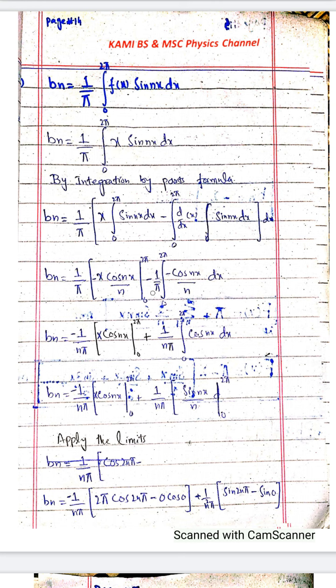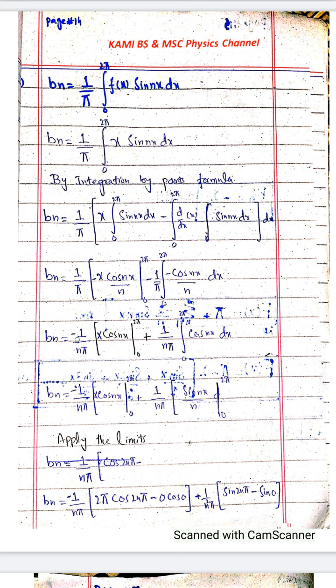So integration of sin nx is minus cos nx divided by n, whole limit 0 to 2 pi, minus whole integral of derivative of x with respect to x, which is 1, and integration of sin nx is minus cos nx divided by n.